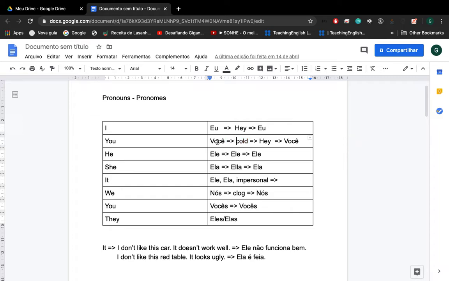So você. Think of the sound of the letter O in the word cold, right? O, cold, cold. Vo, co, vo, cold.